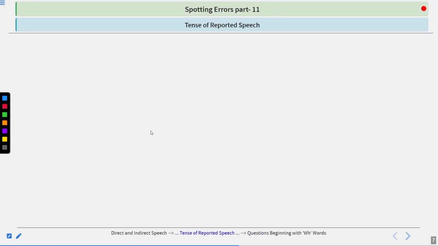Tense of reported speech. When the reporting verb is in past, words denoting time or place in reported speech change as following.